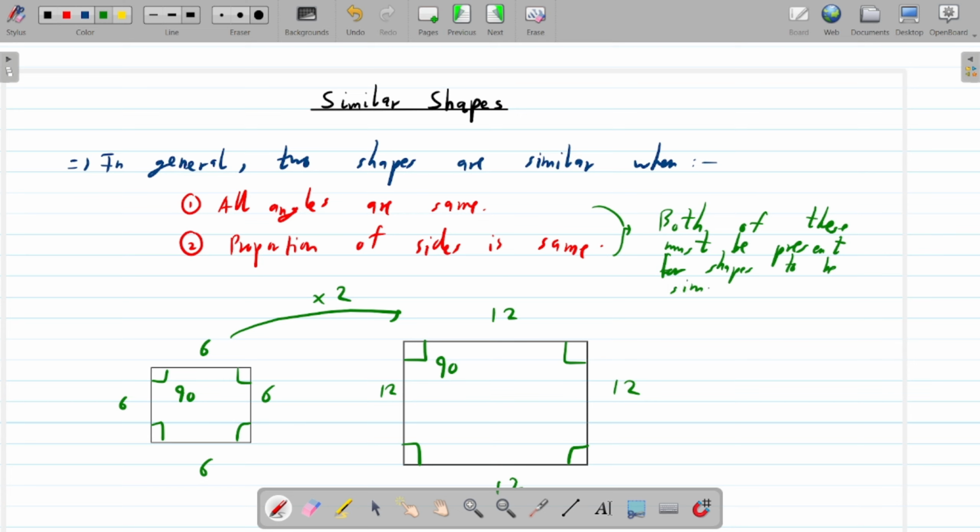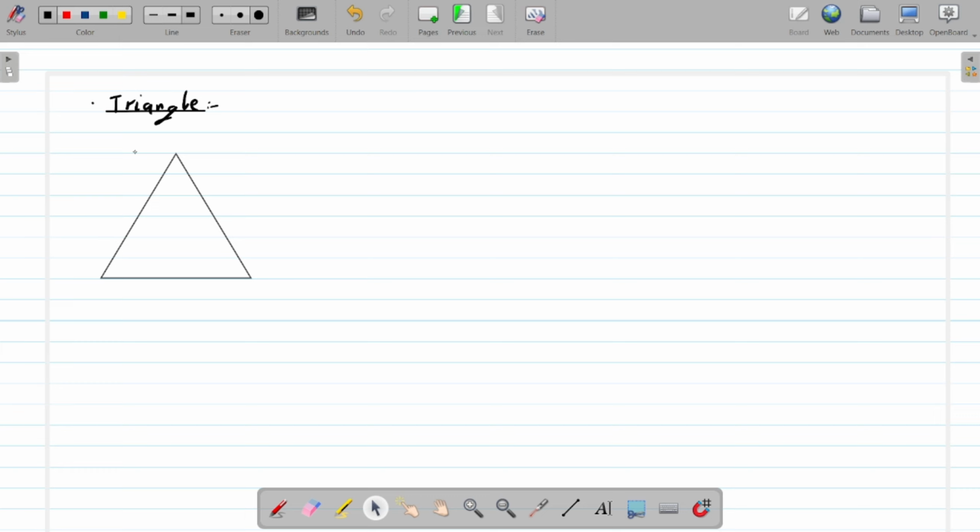It cannot be that if only one of them is the same, they're similar. Both conditions have to be true. If one of them is false, then you cannot say that those are similar.